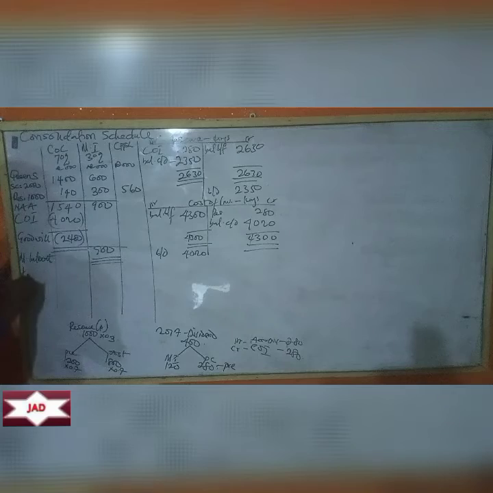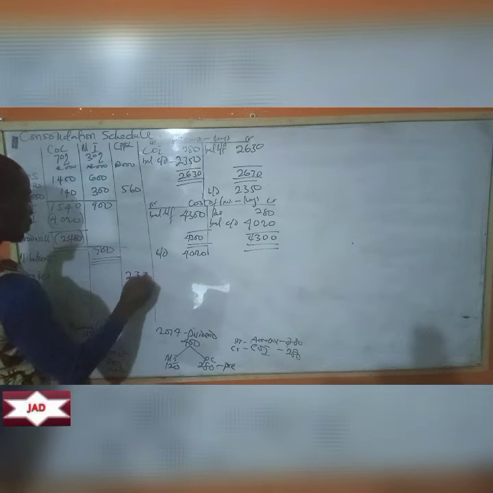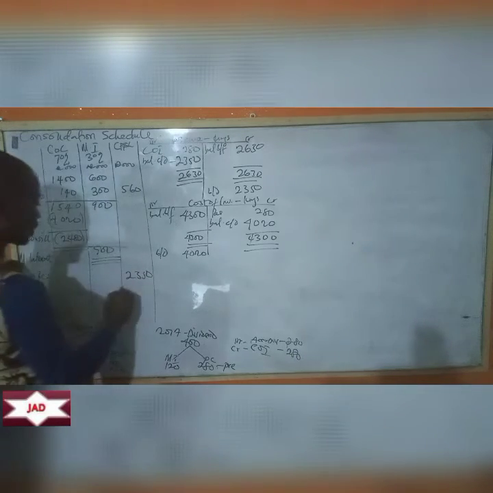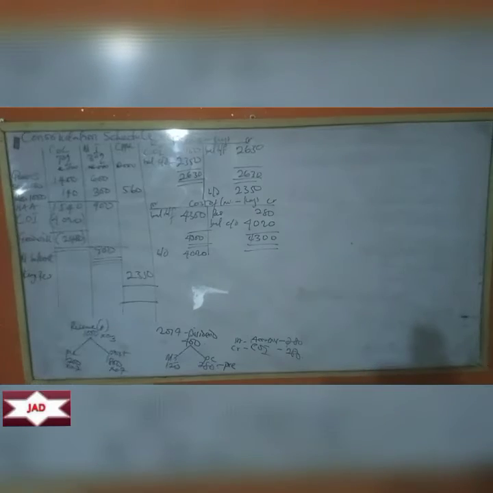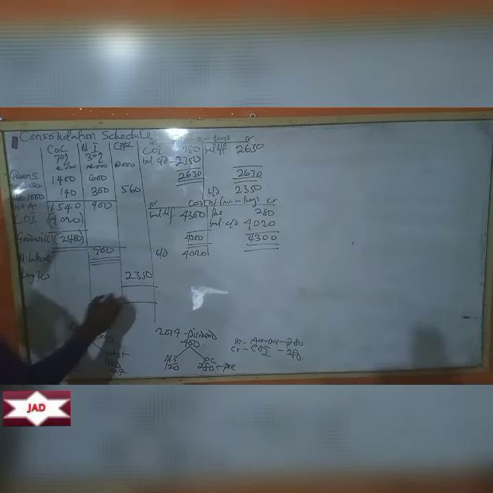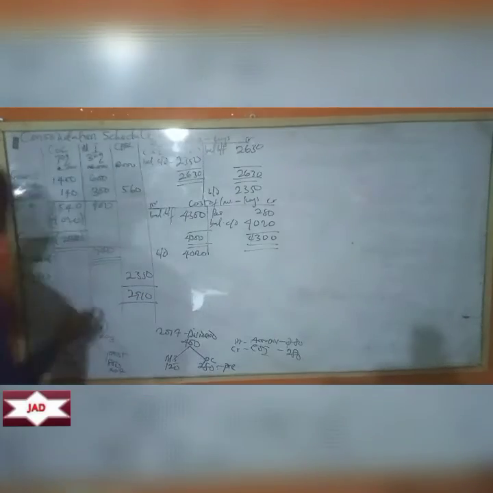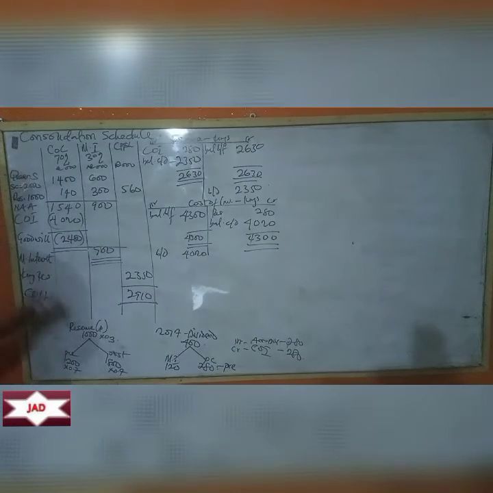Then we have Kings' reserve, which comes here, 2,350. So we add this to this. What do we have? 2,350 plus 560 is 2,910. So this is your consolidated profit and loss.